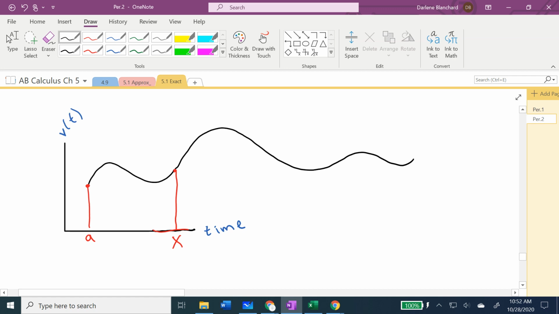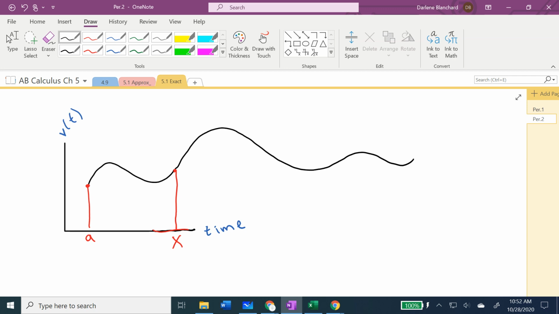So what I'm actually doing with this area is finding my displacement, or in this case, I can talk about distance because I have a positive velocity. So when I add all these areas together, this tells me how far I traveled from time A to time B, or maybe time variable.